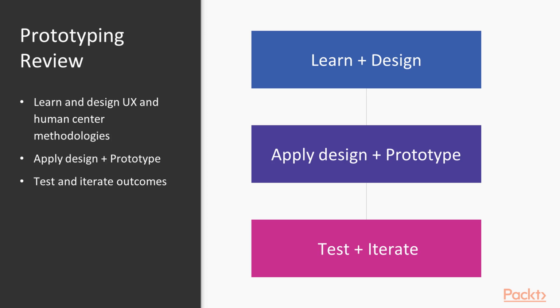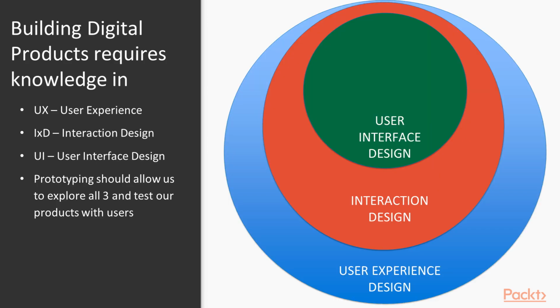Now, the role of applying this design in our prototype is where iterating and testing starts to add a level of polish, and motion and interaction design will start to come involved there. Now, when building digital products, we really are thinking about a large portion of things, right? We started by understanding the larger user experience of what task the user needs to do. Why is that in their need space?